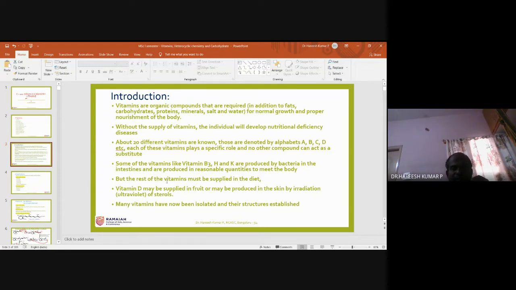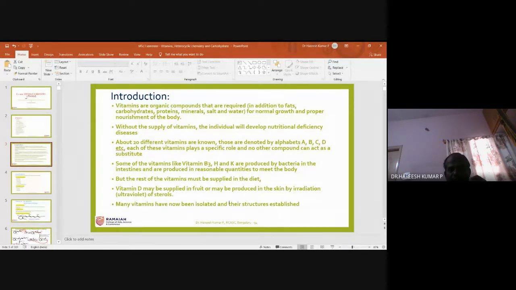But the remaining vitamins, other than B3, H, and K, must be supplied in the diet. So vitamin D is supplied in fruit or may be produced in the skin by irradiation of sterols.